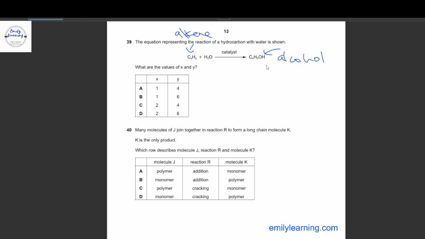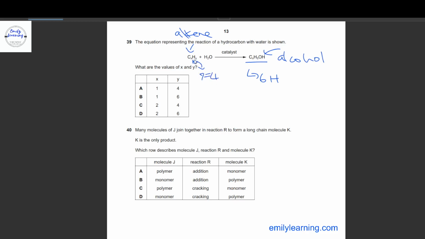And this is an addition reaction, right? So in other words, for the addition reaction, they add up to form this. So if we look at this, this alcohol has a total of 6 hydrogen. So I minus 2 hydrogen from the alcohol. I know that Y here is basically 4. So Y is equal to 4.